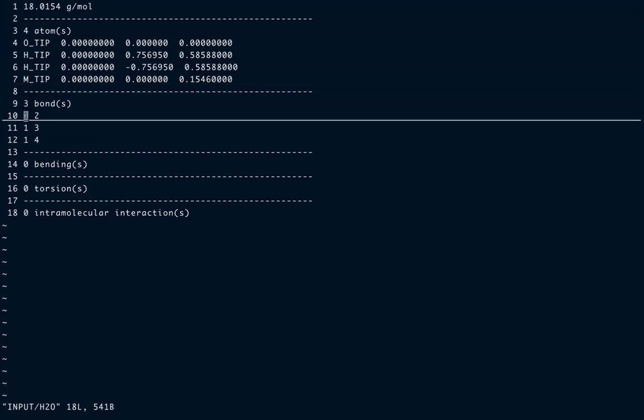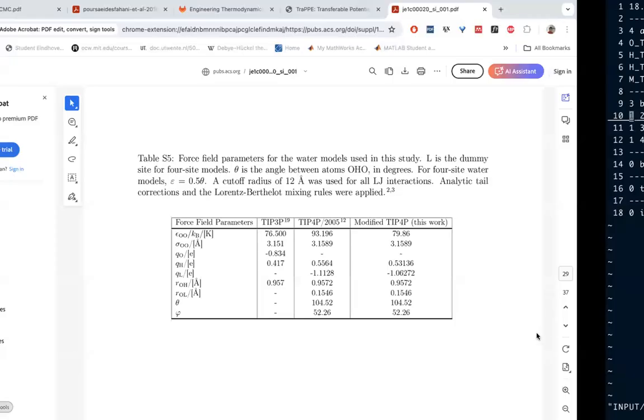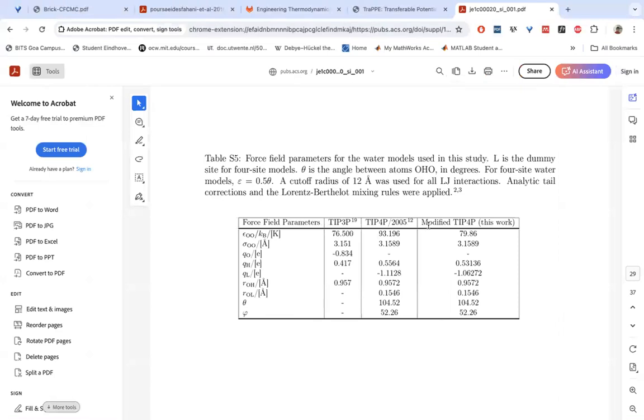You have 3 bonds. Here I'm not discussing in detail the force field for water. If you're interested, you can read the paper here and also read the original TIP4P/2005. The modified here means that the original force field TIP4P/2005, introduced by Abascal and Vega, has been named TIP4P/mu.